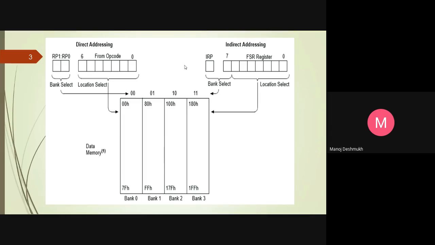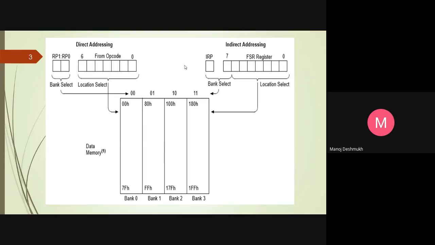Okay. And second method, okay, so in this case indirect addressing mode is there, where 0 to 7, that is 8 bits are there, and one selection bit for the register bank, that is IRP. So based on the status of IRP bit, whether IRP is equal to 0 or IRP is equal to 1, as we have seen in status register, when IRP is equal to 0, first two banks are selected, and when IRP is equal to 1, next two register banks are selected.